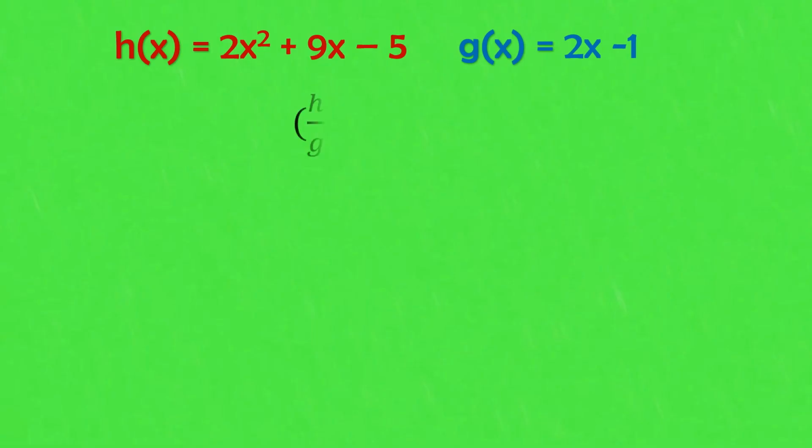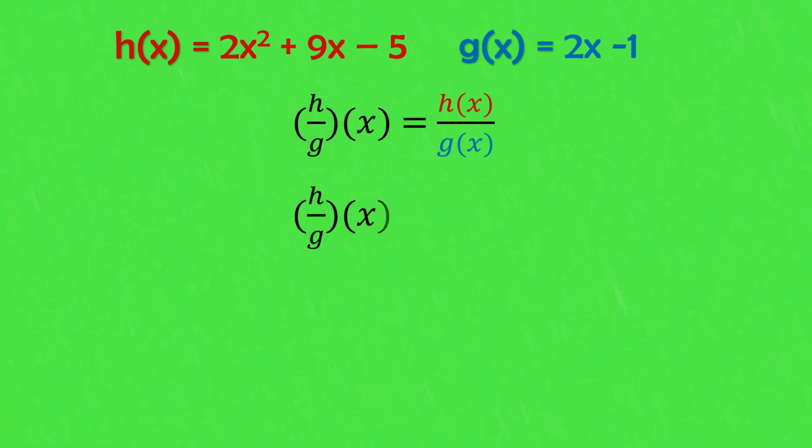H divided by g of x equals h of x divided by g of x. Substitute. We have h divided by g of x equals 2x squared plus 9x minus 5 divided by 2x minus 1.